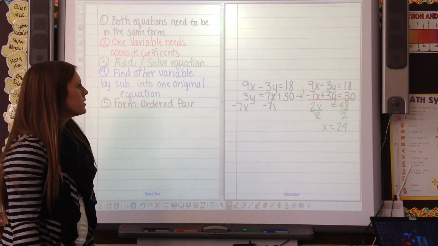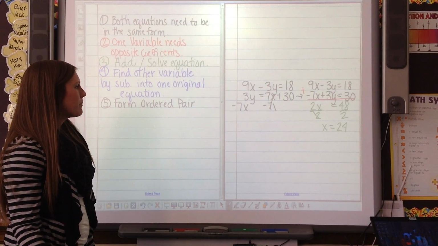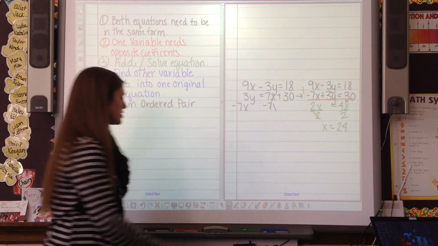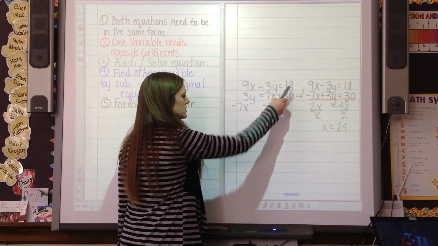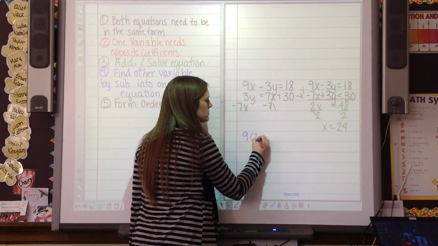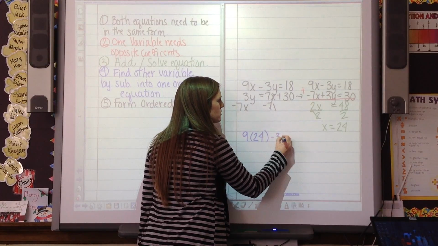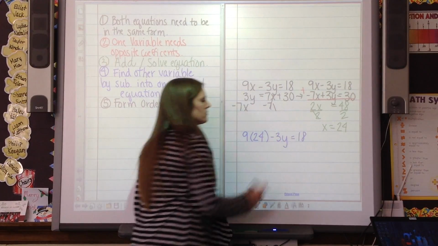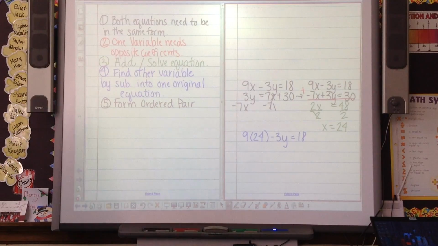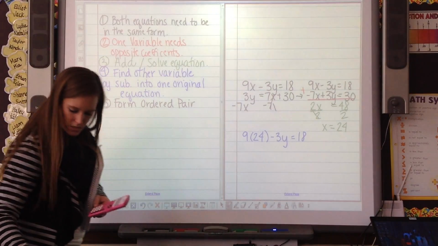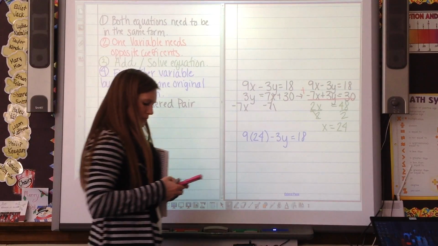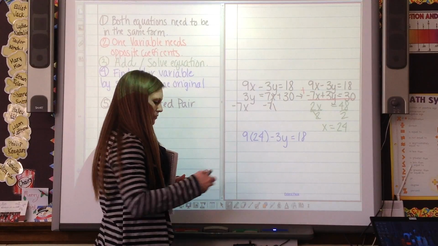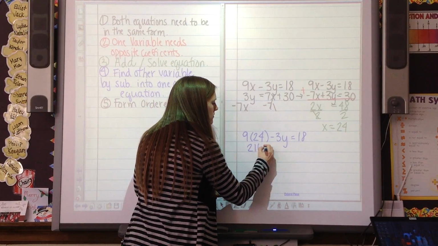I'm going to substitute 24 into either the top or the bottom equation. It doesn't matter which one. I'm going to substitute it into the top. 9 times 24 minus 3y equals 18. Okay, so now I need to multiply. 9 times 24, which is 216.